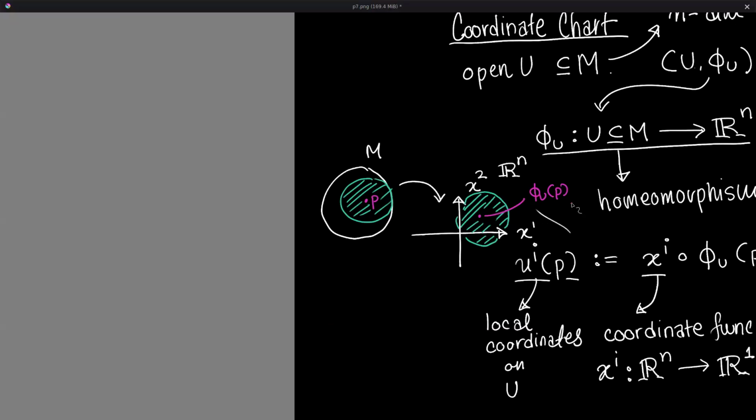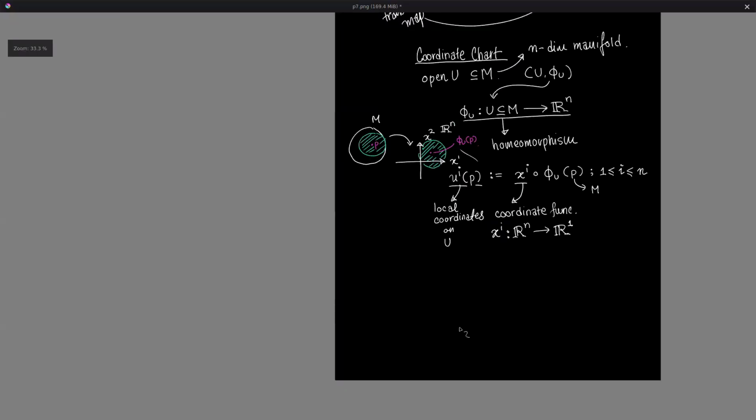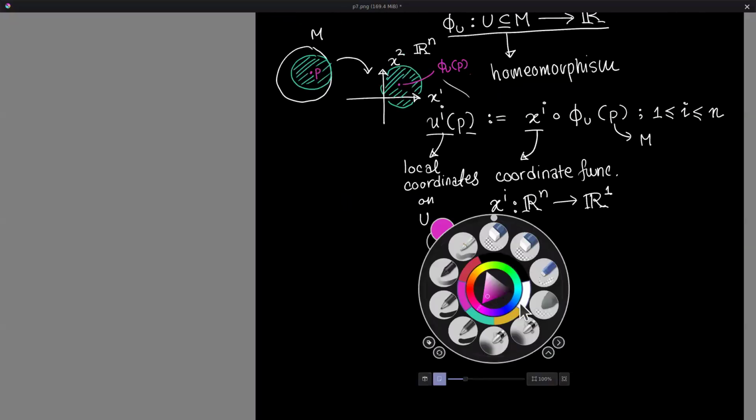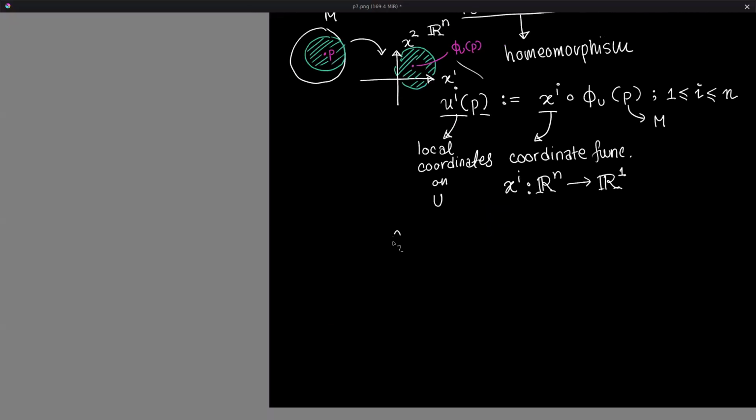So now we can leverage that to do a lot of interesting things. But let's define the next thing, which is the chart transition map.